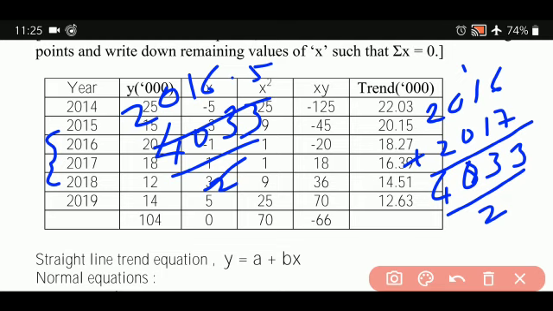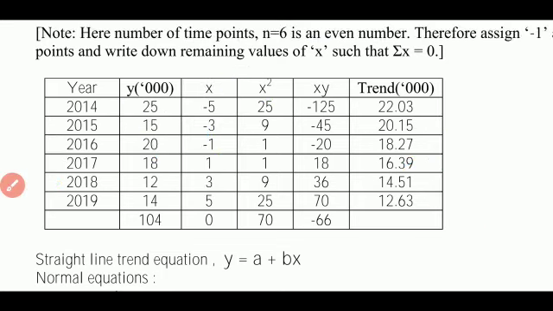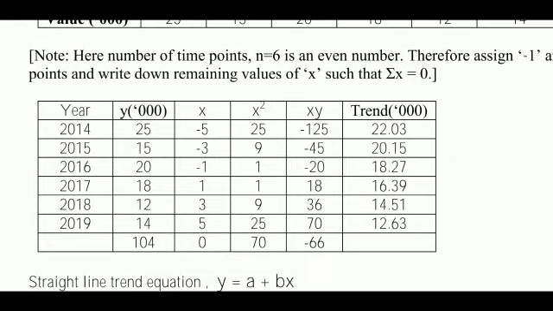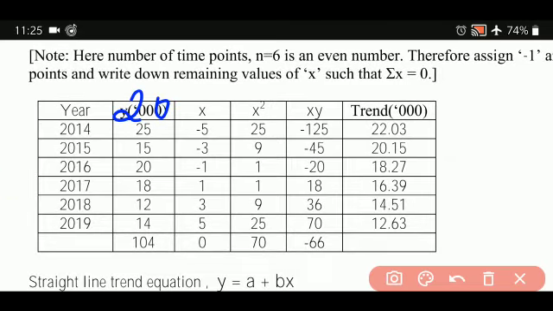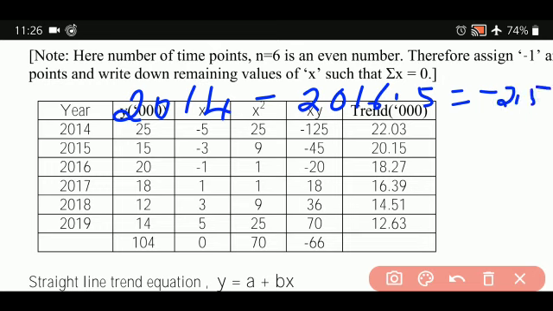This 2016.5 you are going to subtract. Now see, 2014 minus 2016.5. What answer are you getting? You are getting minus 2.5. Now this minus 2.5 you are going to multiply by 2 for the simple reason that we want our calculations to become simple.